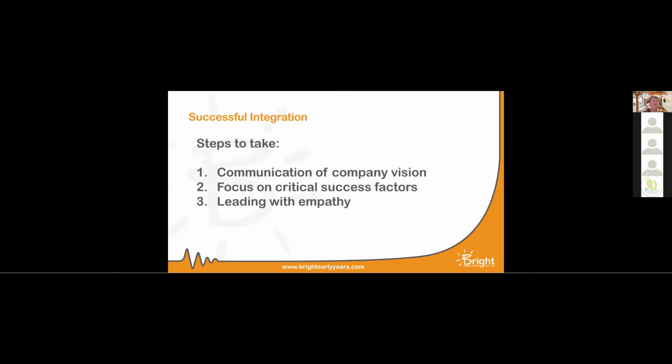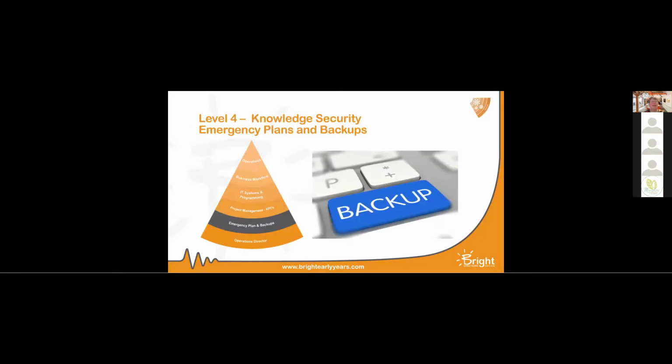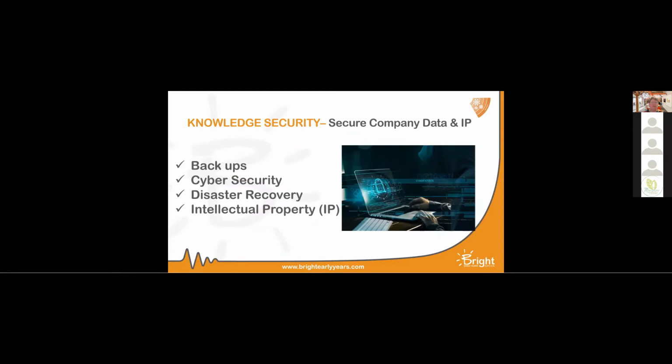So then level 4 within our operations is looking at our emergency planning, and from an IT perspective, backups and things like that. If you've got computer systems, then you need to think about several things. How secure is your company data and your intellectual property?